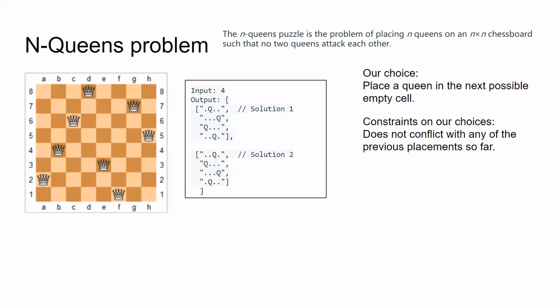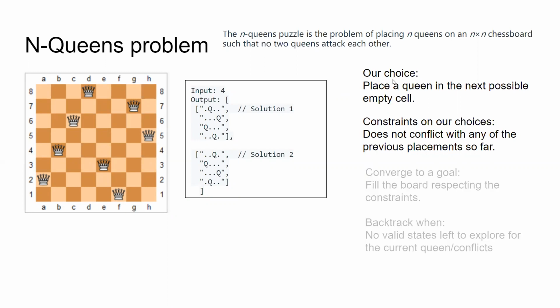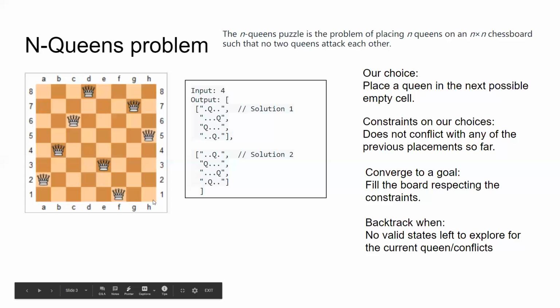But anyways, to simplify this, I think I'm going a little deep into this. What we have right now is we understand what our choices are, we understand what the constraints are, and the goal is you have to fill this board respecting all the constraints. And when do you backtrack? Essentially, let's say I'm at the last row here, the bottommost.